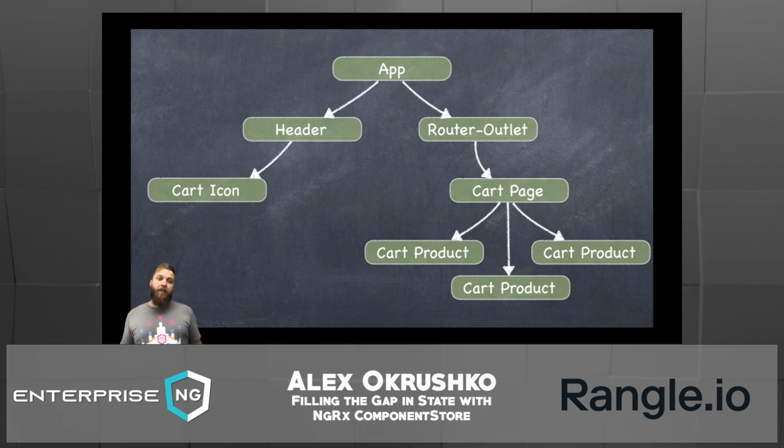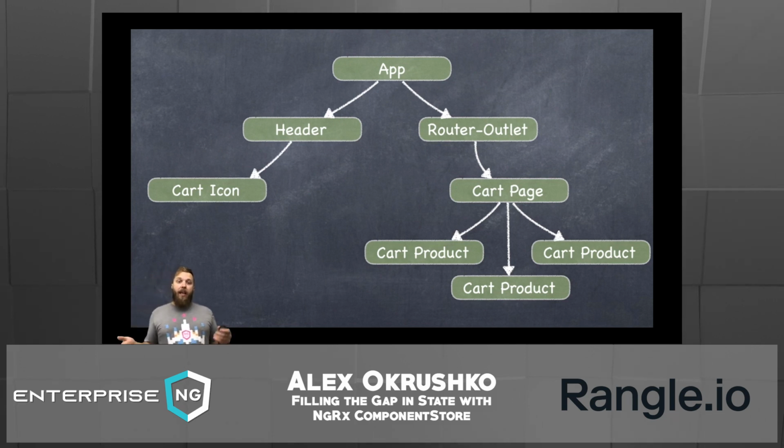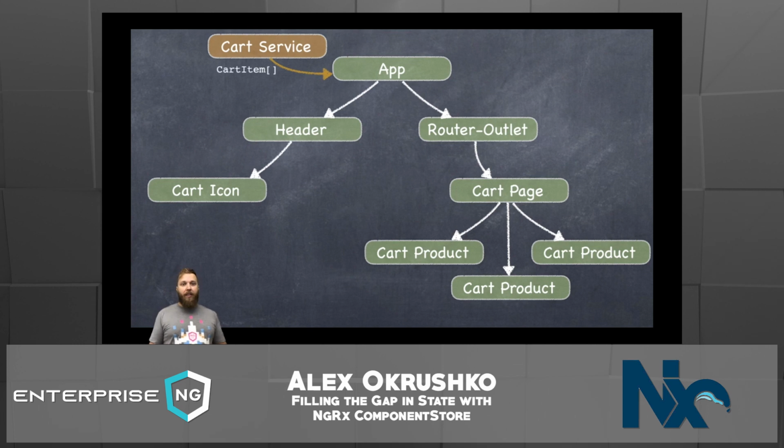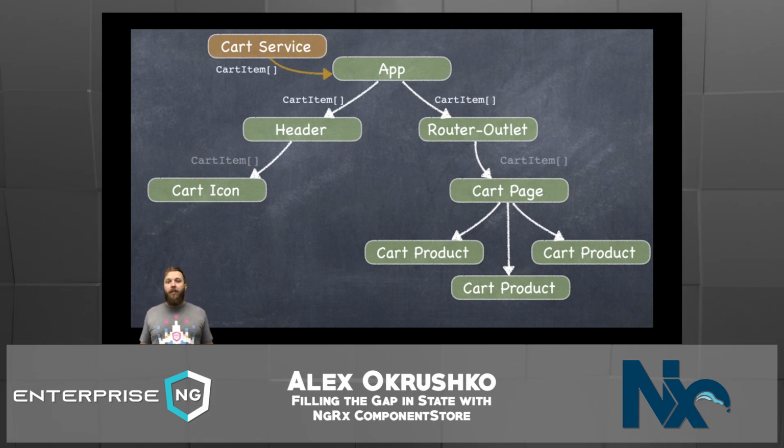So how can we provide this data, the cart icon's data, to the cart icon, and also to the cart page, which also is interested in these cart items? Well, one of the ways we can do it is basically provide the data to the app somewhere, and then that would be passed down through the inputs to our components that actually need that data.